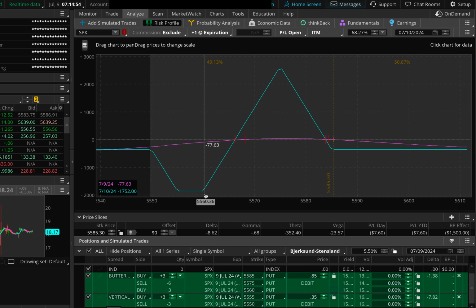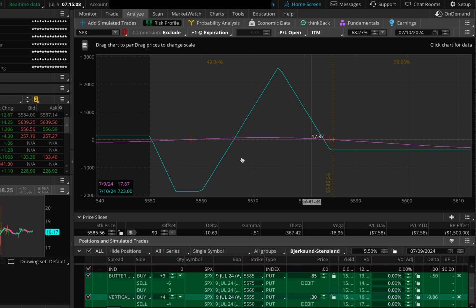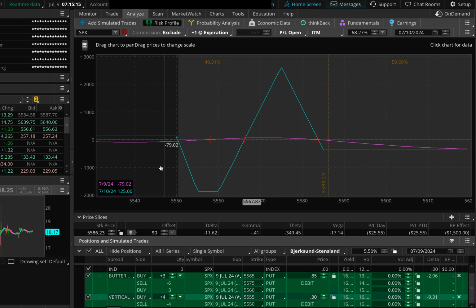So last week we were doing little wings that were long on the same long of the butterfly, and create like a sharp triangle right there. This week I'm going out one, and it's not too bad either. That's nice. See, what I'm trying to do with these is just reduce, if there was a big move down, the total loss if it were to just race down out of control.